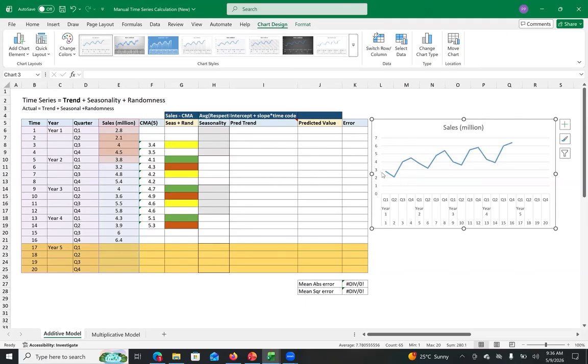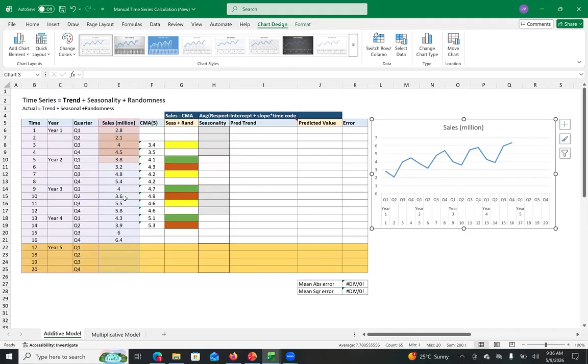It has a seasonality component as well because if you look at the cycle, it is going down and then going up, again going down and again going up. So we can see some seasonality here. There is a random component as well, but obviously we are not able to see it because the data points are few.